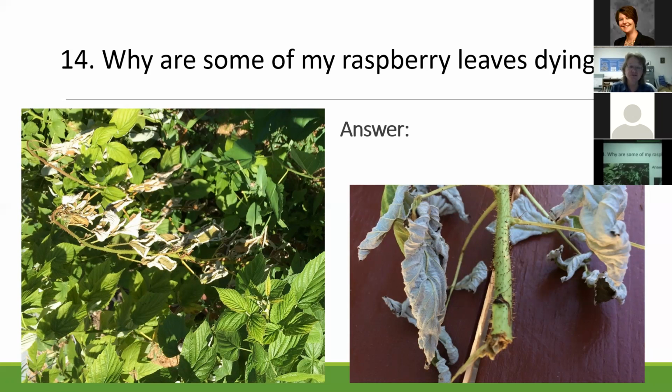If you notice some of this browning early in the season on the tip, you could prune about 8 inches. Sometimes, like I said, you'll notice a little bit of a ring of injury, maybe right below this damage. You could prune it out and discard it really early in the season.